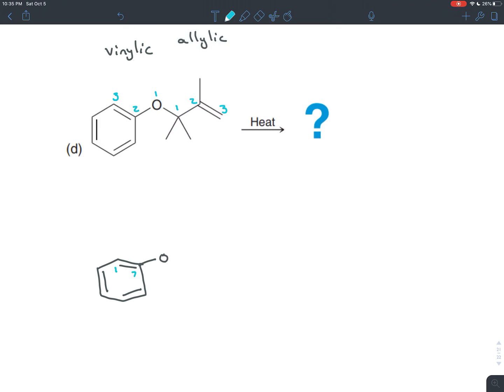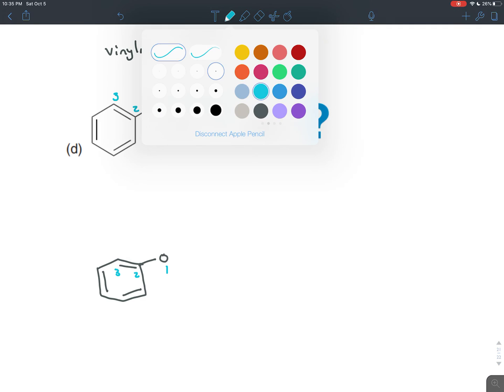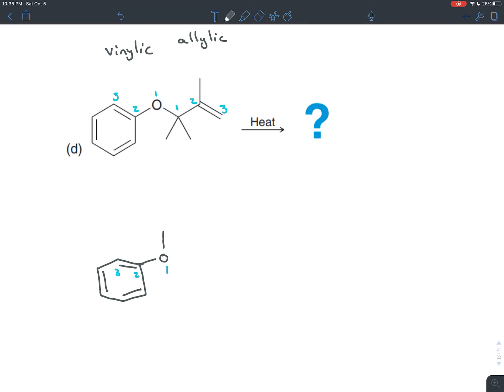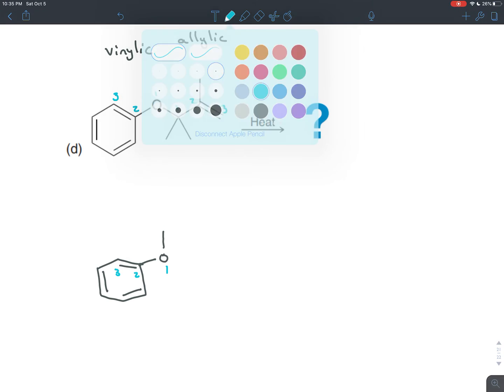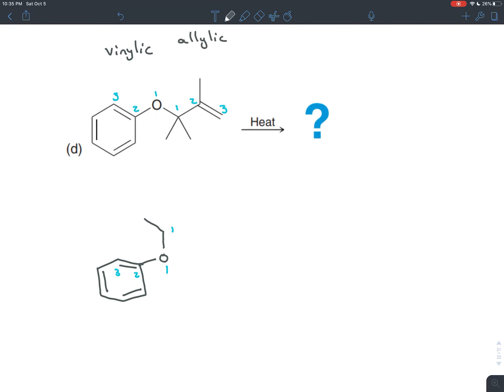So here we've got the 1, 2, and 3. And so we want them to go in the same direction. We know they're going to form a sort of 6-membered ring. So this is going to be carbon 1, and then 2, and then 3.